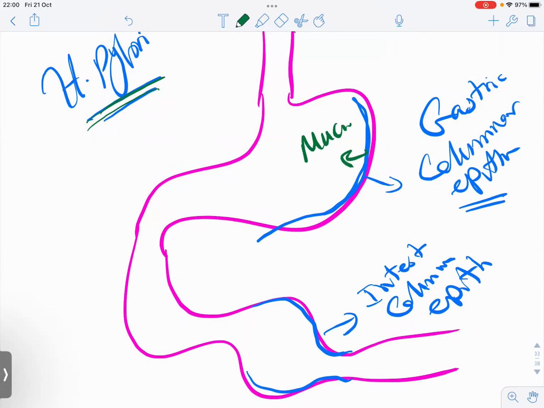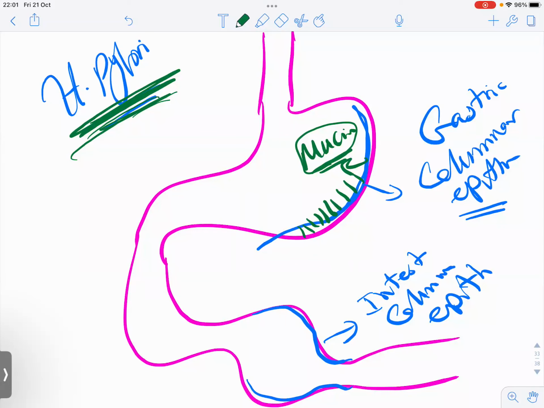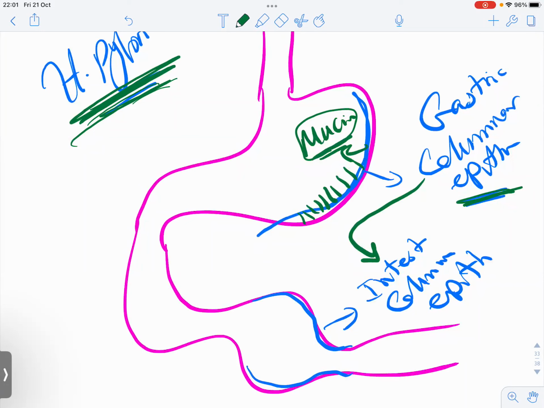After some time, Helicobacter pylori will cause chronic painful irritation in the stomach. So the columnar epithelium in the stomach will start to transform into columnar epithelium, but intestinal columnar epithelium.